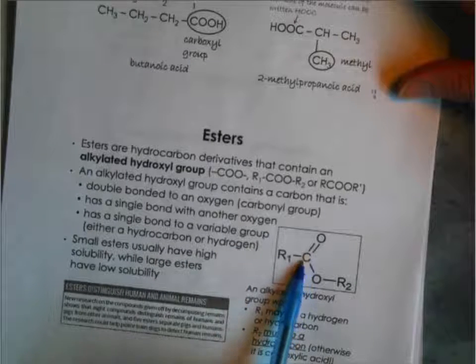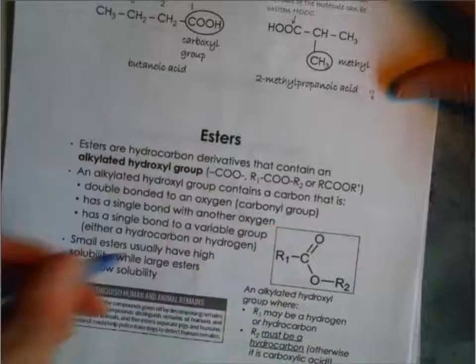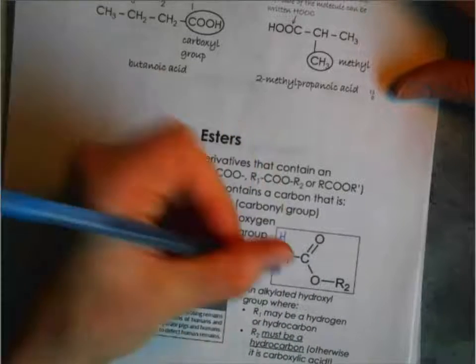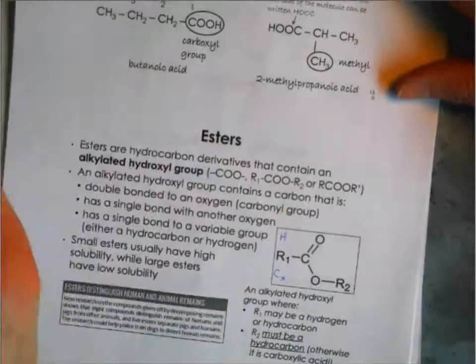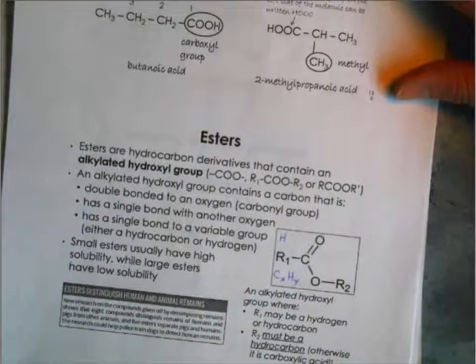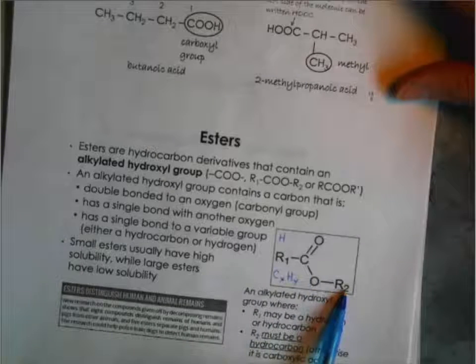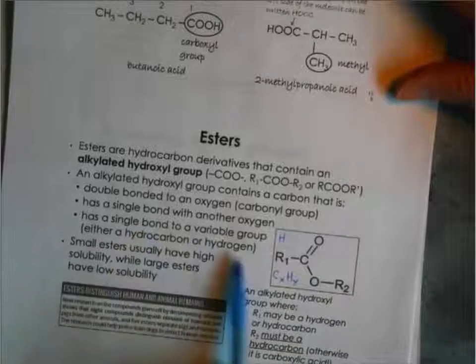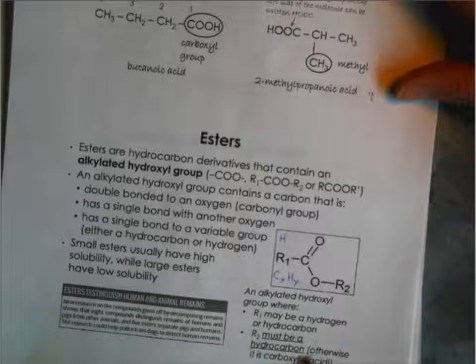Okay, so off of this carbon with the double bond, this R1 can either be H, or it can be any number of other carbons. So let's say carbon X with any other number of hydrogens. And then on the other side of this single bonded O, this variable group is actually not the same thing.